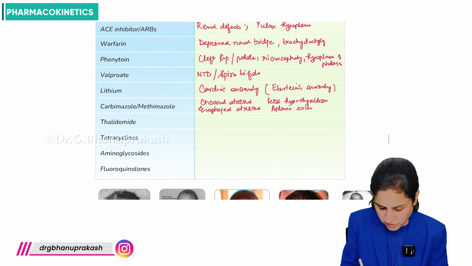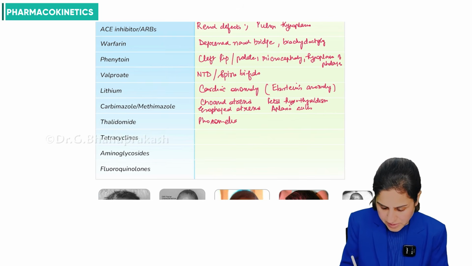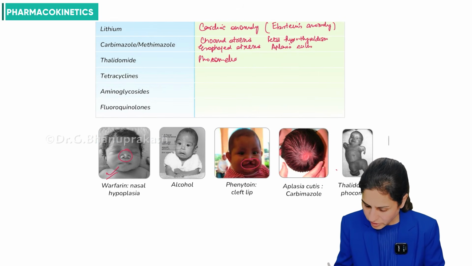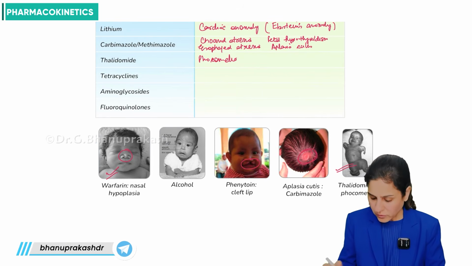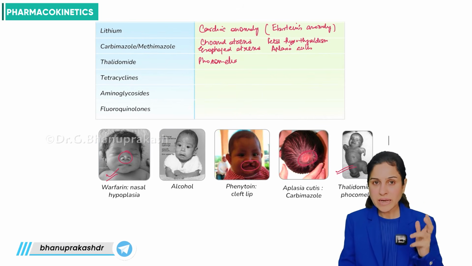Thalidomide, we all know it causes phocomelia or seal-like limbs, right? So here, this is the thalidomide phocomelia, and this is the aplasia cutis, which means there is absence of skin on that area, right?